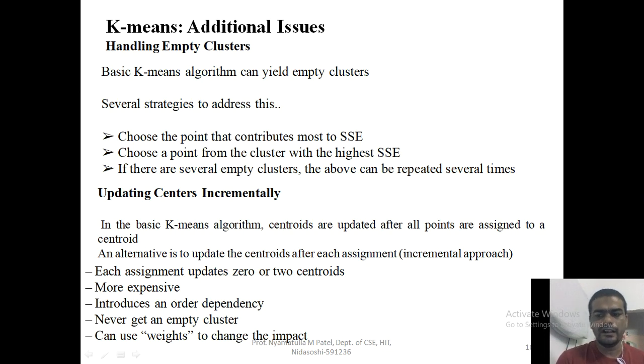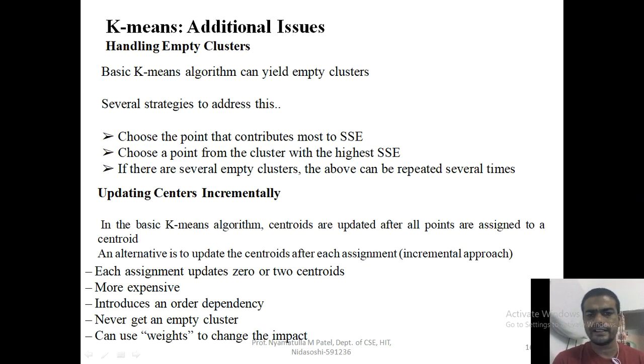When we run k-means, sometimes the algorithm generates empty clusters, which have no objects or points. This is one issue we need to concentrate on whenever applying k-means. The algorithm should not generate any empty clusters, and we need to take care of that.